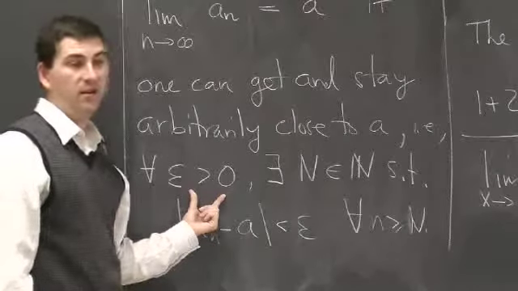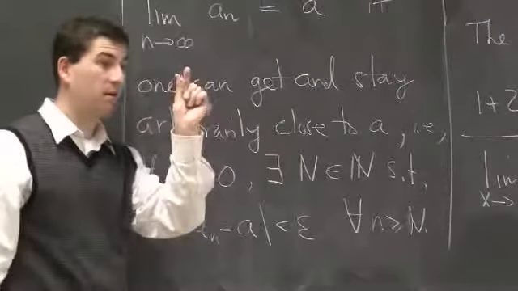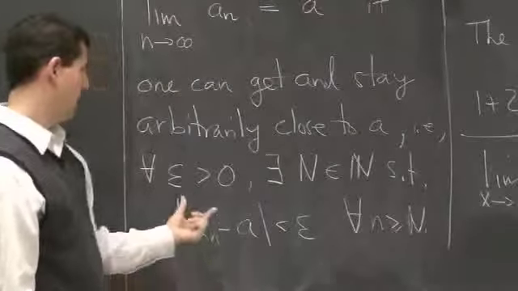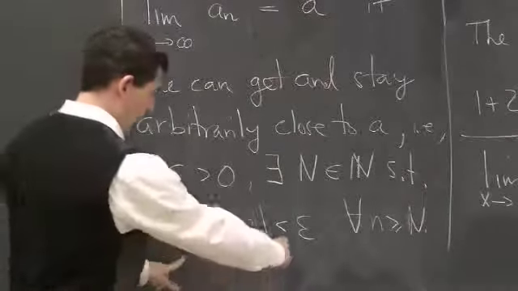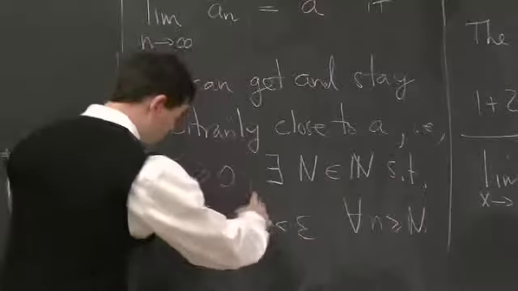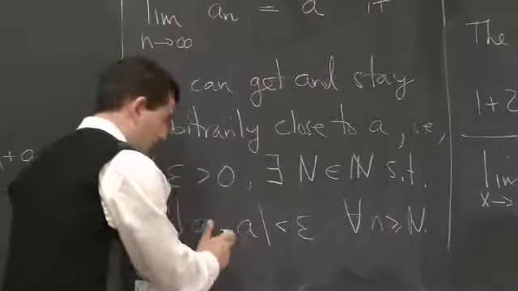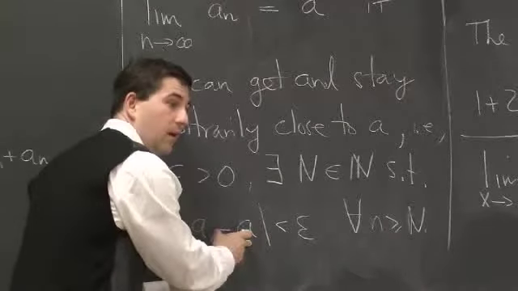If you say get this close, then you're saying get within some number. That's my epsilon. Now, when I say less than epsilon, this here is the distance between a_n and the number A.